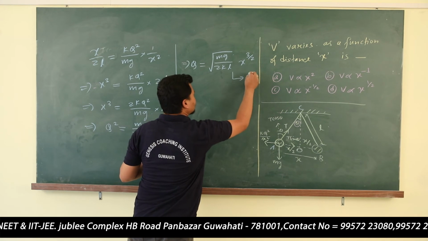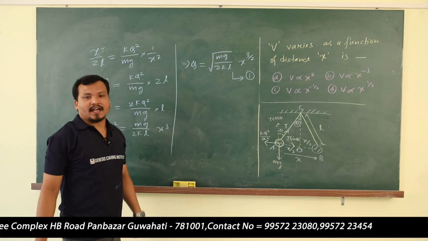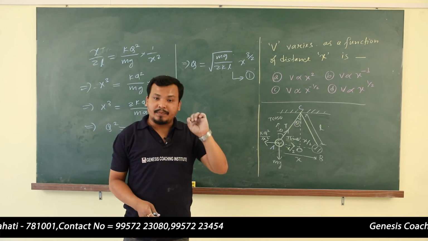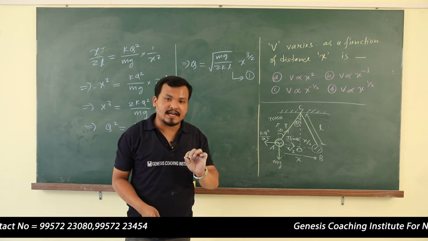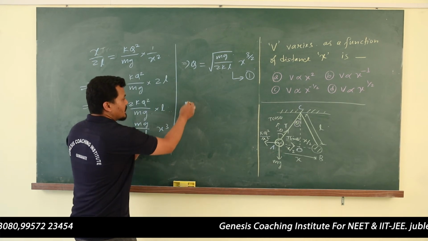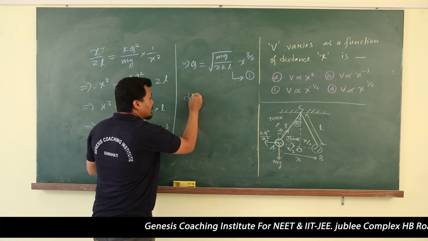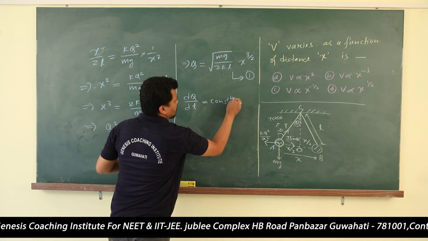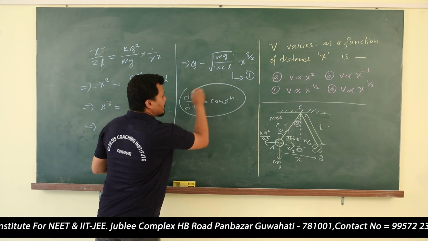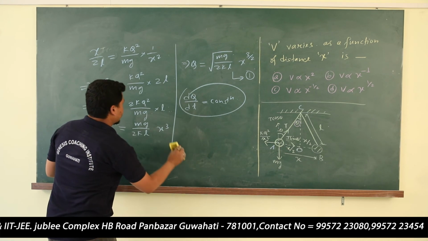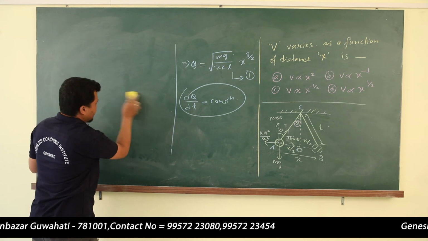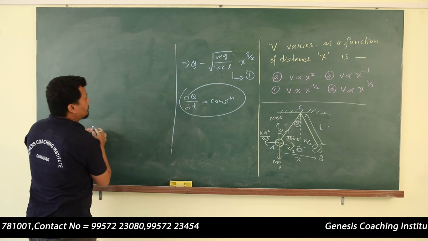Call this equation 1. Now according to the question, the charges begin to leak at a constant rate. That means the rate dq by dt is constant. Now differentiate equation 1 with respect to time.